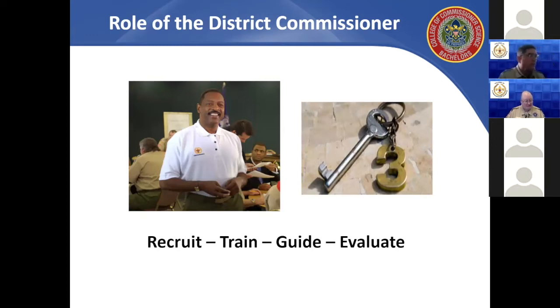We identify and recruit enough of the right people so that units in the district can receive regular helpful service. Our role as a district commissioner in particular is to take the lead on finding these people and make sure that our units have the help that they need to be successful.